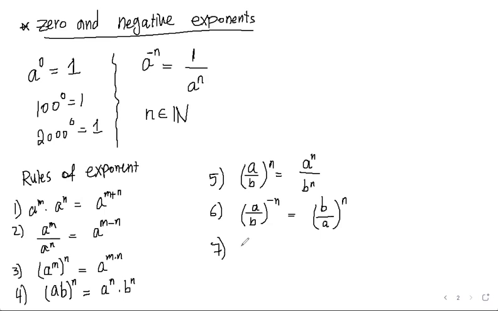Number 7, last one, if I have the fraction a to the power minus n over b to the power minus m, it is equal to b to the m over a to the n. And I gave an example, and I ended the class. Any question about the rules from last time?